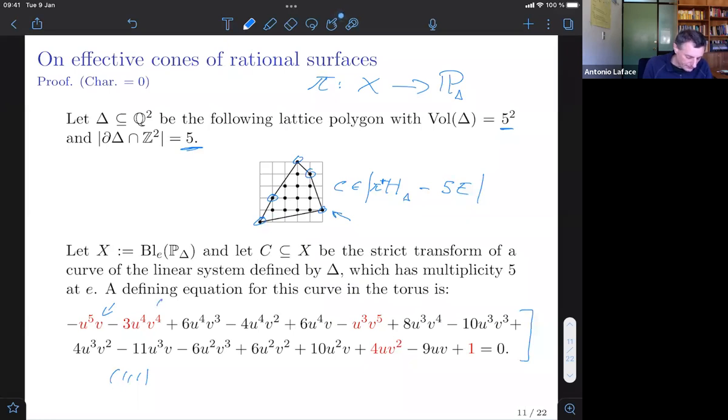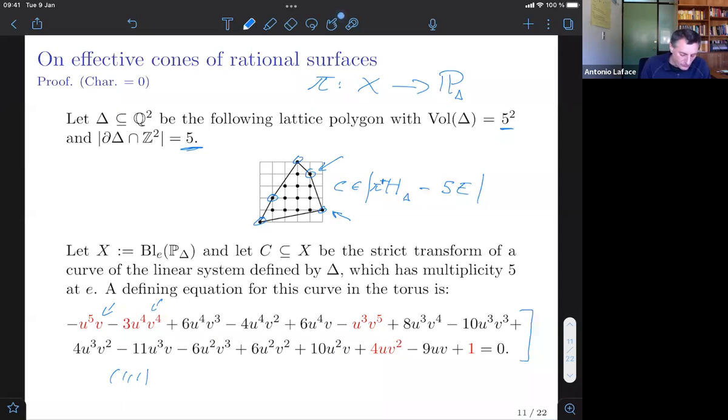And this one is the vertex (4,4), and so on. So the fact that the Newton polygon coincides with Delta implies that C is a Cartier divisor in X. So we have a Cartier divisor.